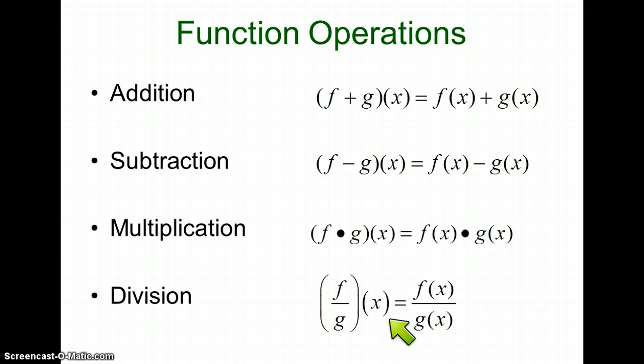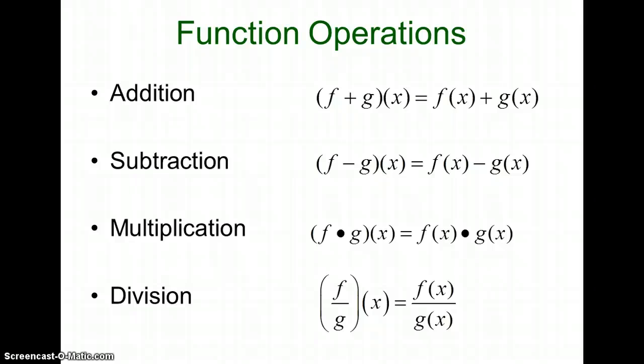So we want to pay special close attention to this function in the denominator, and what makes that particular function equal 0. That's going to be a big key to our domain when we talk about our functions and their domains.